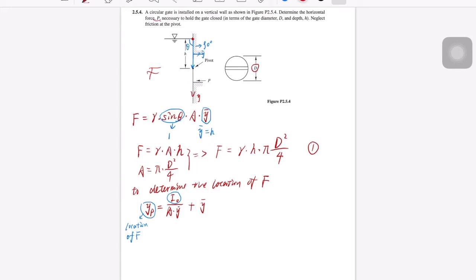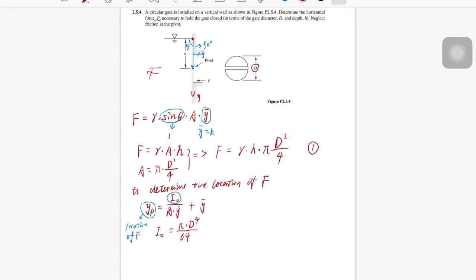We can find in the table that the moment of inertia for the circle is pi times D to the power of 4 divided by 64.